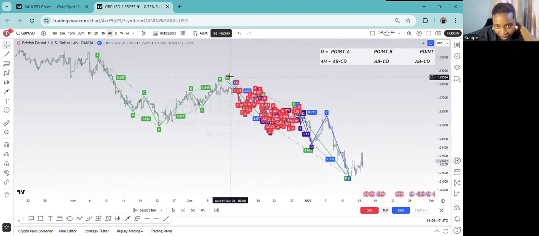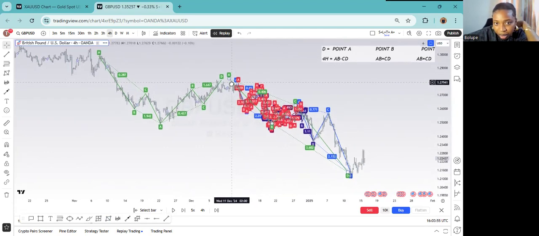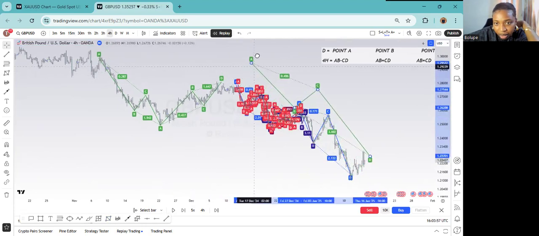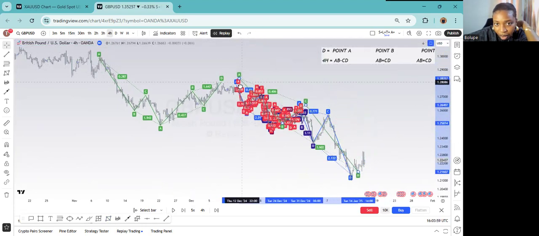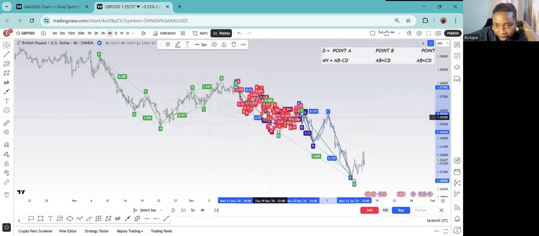All that noise is just point A to point B. Do you see? All that 15 minutes noise right here, it's just point A to point B on 4 hour.